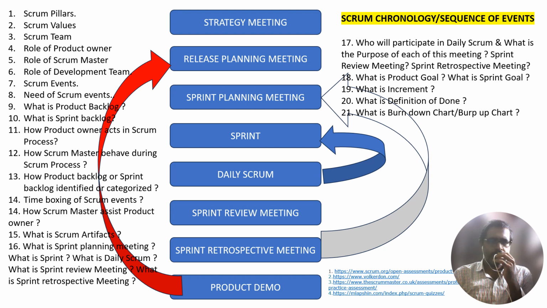Agile has 4 different values and 12 myths, the Agile manifesto, and what is the Agile mindset. So the Agile manifesto values, the Agile manifesto principles, that is all 12 principles. In Agile methodologies, we covered Scrum, XP, Lean, Kanban, all these things.